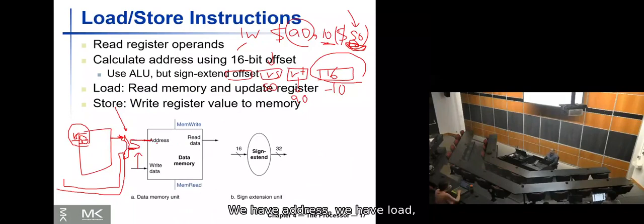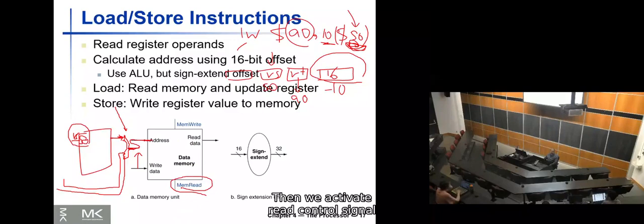We have address, we have load, so we need to read data. We have the address now in place. Then we activate the mem-read control signal, and the memory starts working and the data comes out of here. So where should this data go?